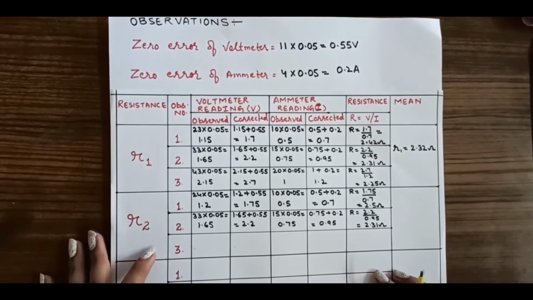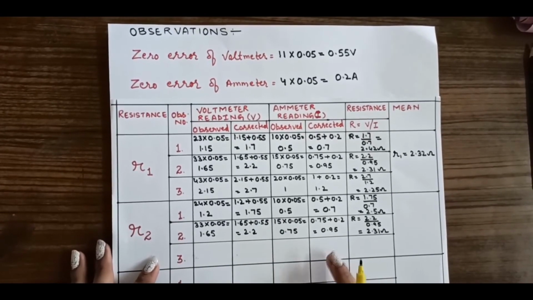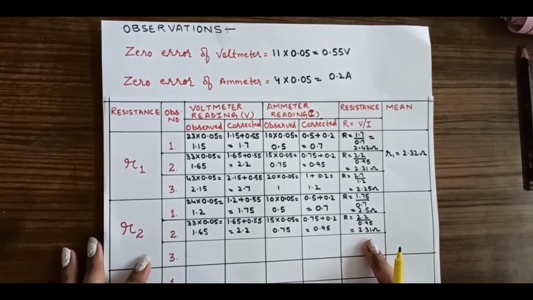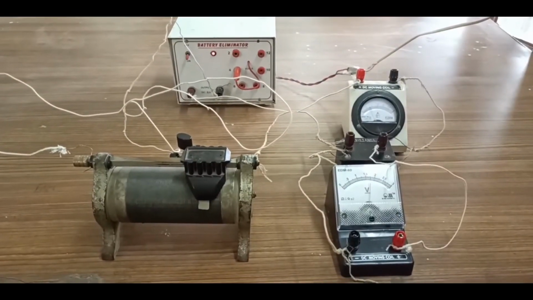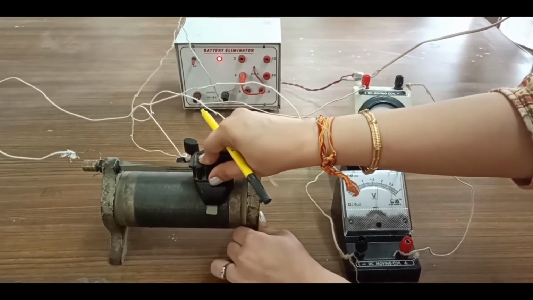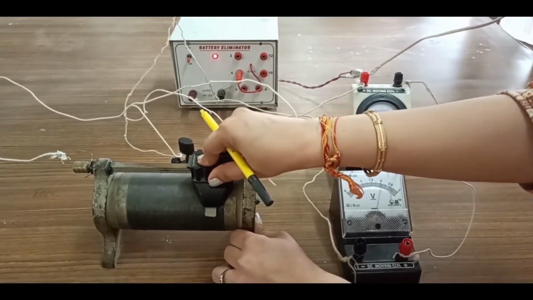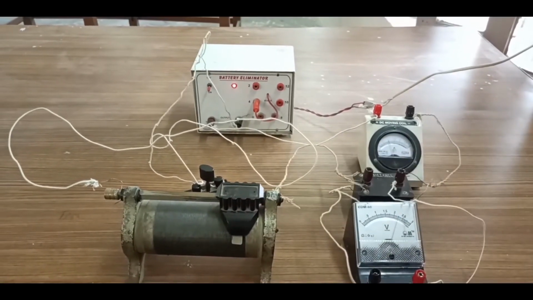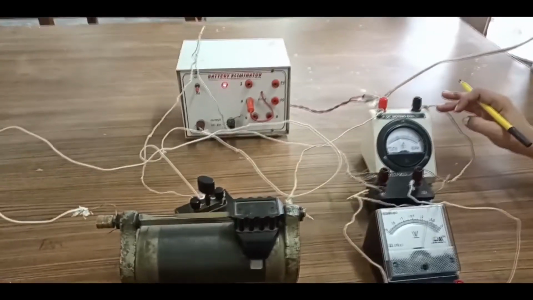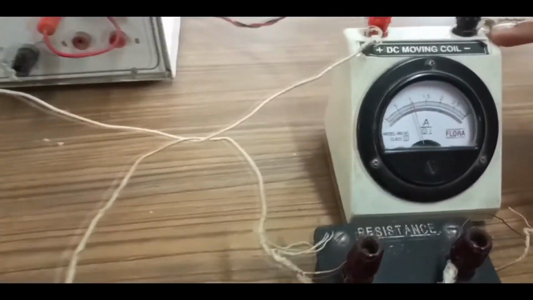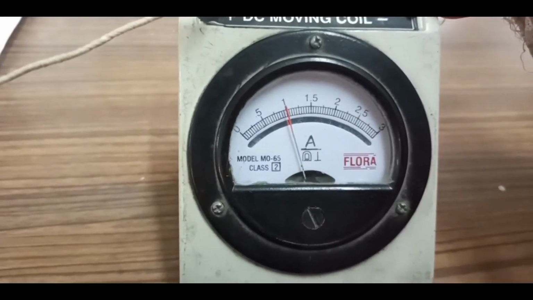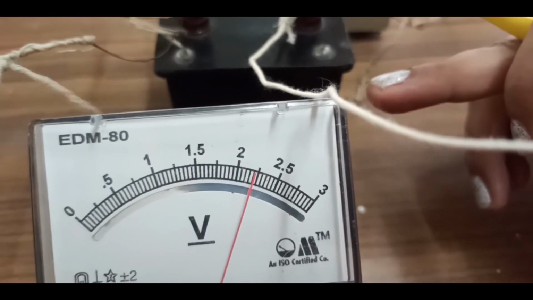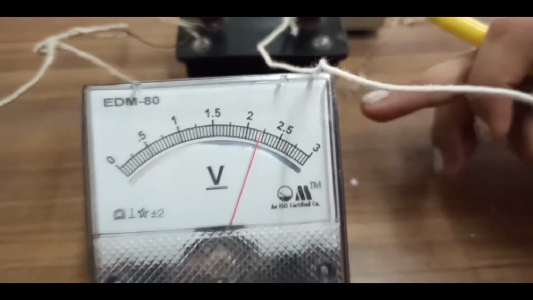In the same way, we have done the calculation for the second observation, and we have got the value of the resistance equal to 2.31 ohm. Let's take the third value. For that, I am adjusting the position of the rheostat so that the number of divisions in our ammeter is 20, and the number of divisions corresponding to it in our voltmeter is 44 divisions.